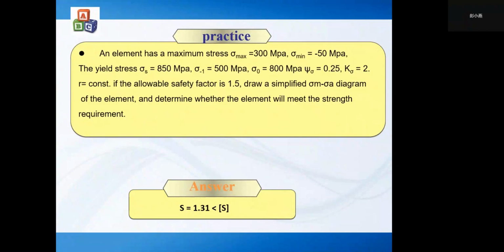But after class you should calculate this safety factor by yourself. And if you have any problem, you can send the question to my email.